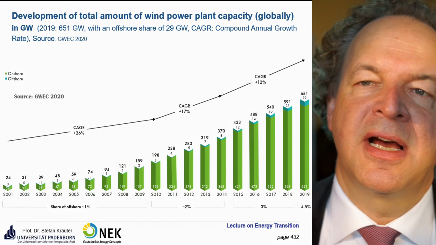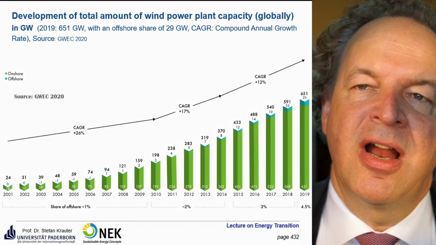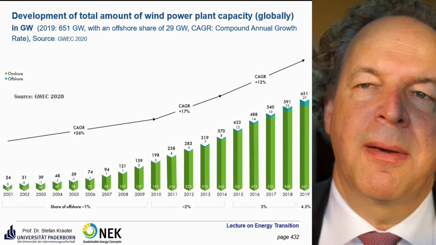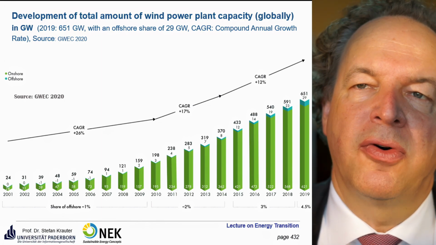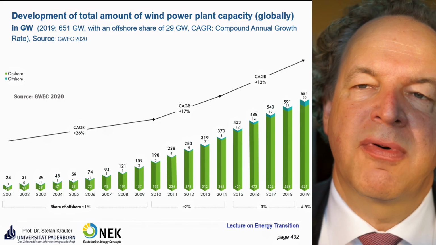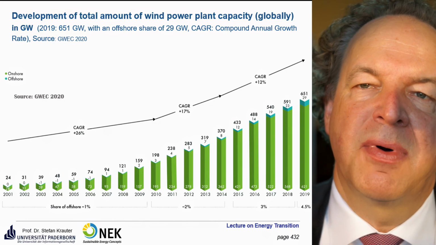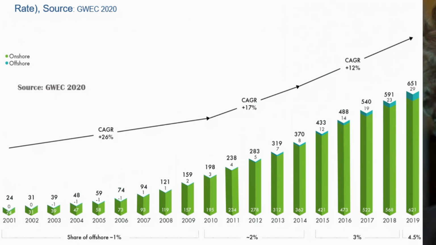Some market data. We see here the development of the total amount of wind power capacity globally. You also have this compound annual growth rate here. It started with 26%, then decreased to 17%, and nowadays is in the vicinity of 12% growth per year. You also see the share of offshore, which is almost negligible before 2010, and now it's 2%, 3%, and now in the vicinity of 4%.